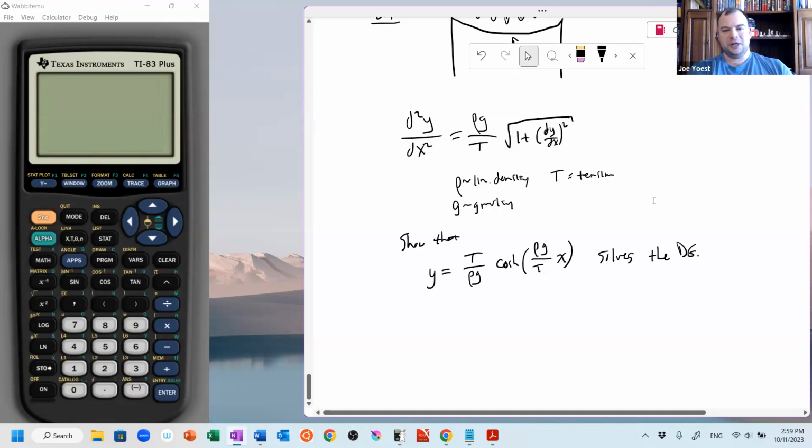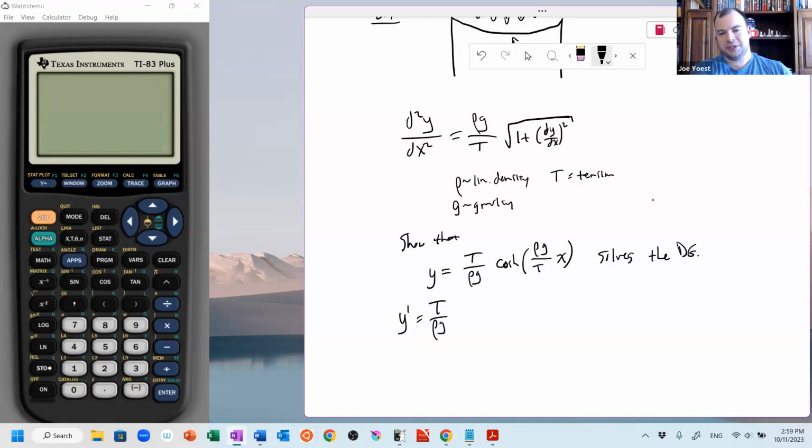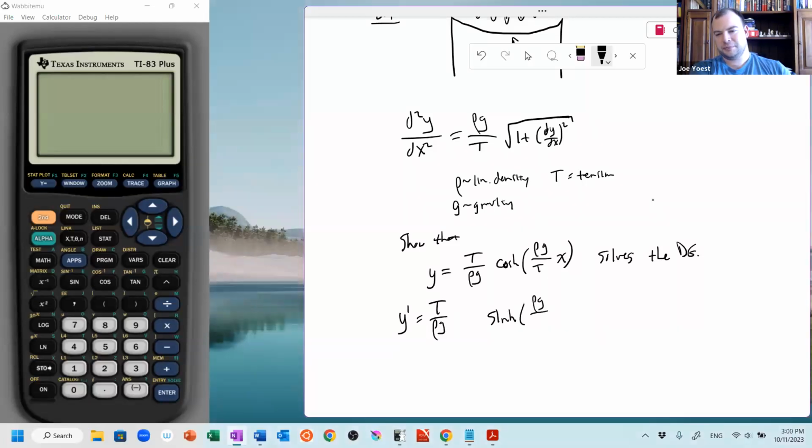Okay, so I want to find y prime and y double prime. So y prime, I have T over rho g. Derivative of cosh of stuff is regular sinh of stuff times the derivative of the stuff inside, rho g over T, and they go away.